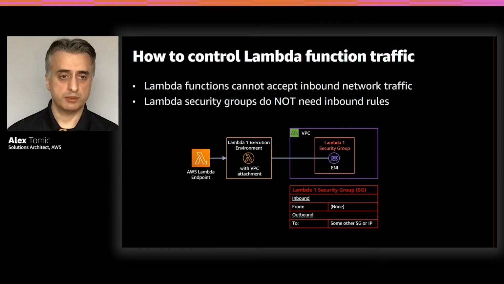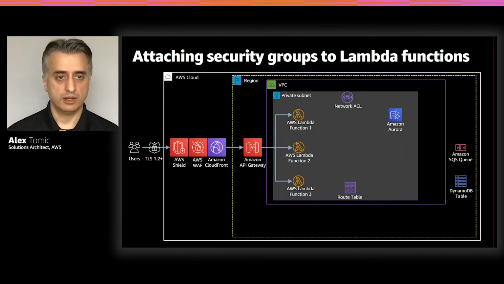So this is an example table of security group rules, and notice that no inbound rule is required. But you do need to open up outbound traffic to resources that your Lambda function communicates to. Okay, now we have applied security group rules to all of the Lambda functions in our VPC.